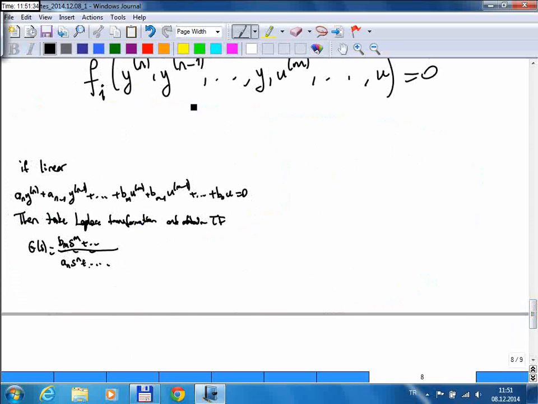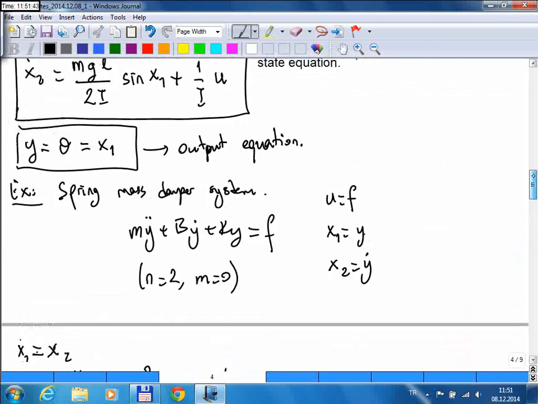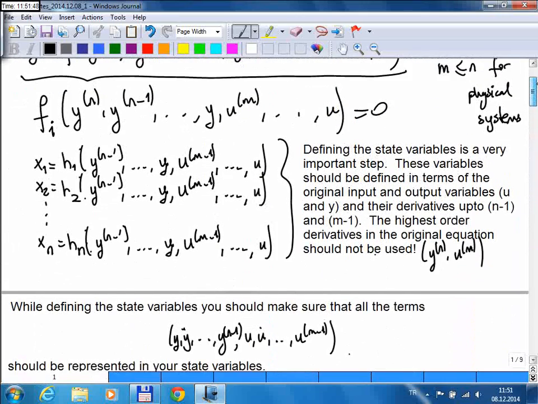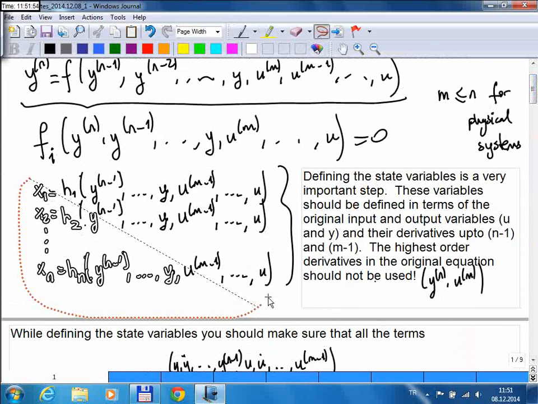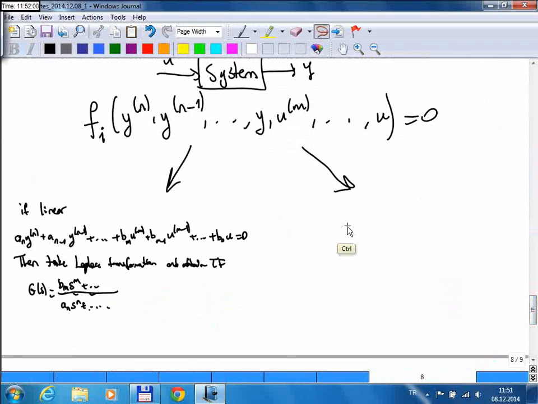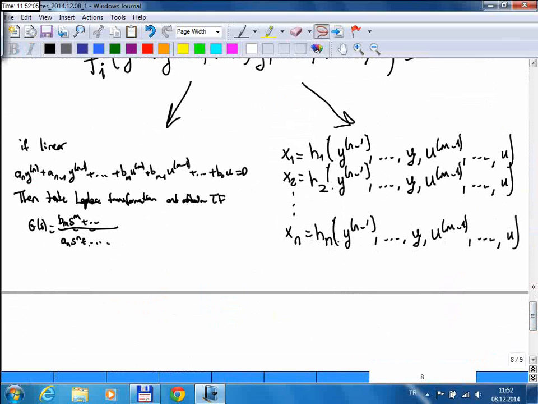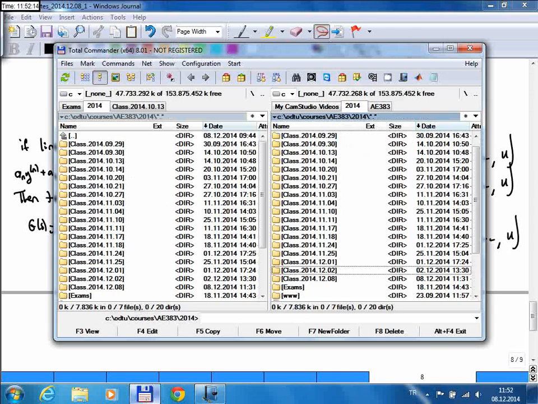So we went from here to here, and now I'm saying that another way is to take this equation and write it in terms of state space equations. In addition to this, I need to have state equations.